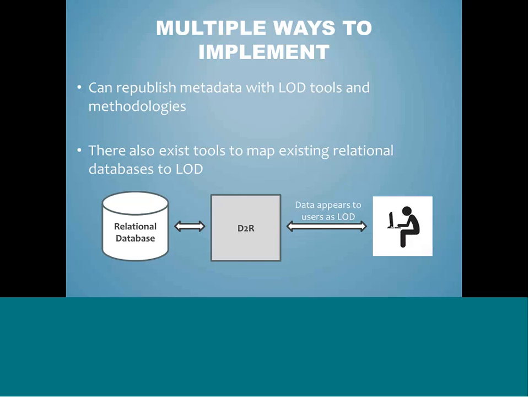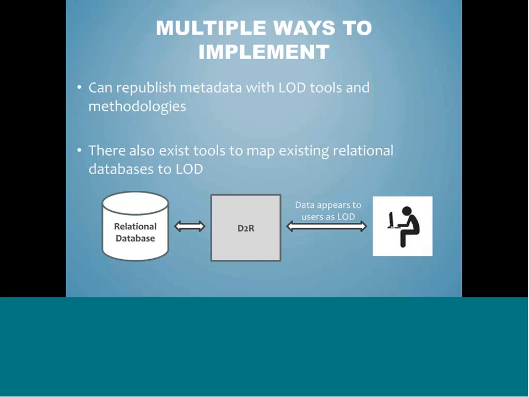But there are also sort of middle-of-the-road approaches, because we know that this is potentially not feasible for everyone. And so relational databases are very popular in the geosciences. Many repositories already have them and would like to continue to use them. So there exist a number of tools and techniques for mapping relational databases to linked open data.